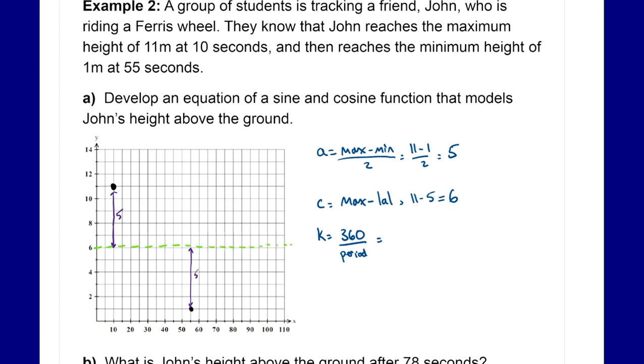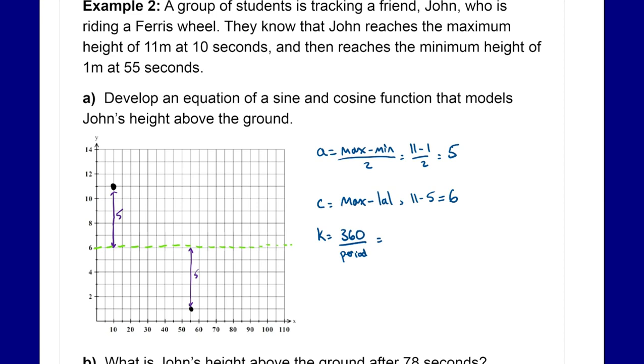So what we can do is say, okay, if it's 10 to 55, that is half a period. Our next one should be another 45 from there.